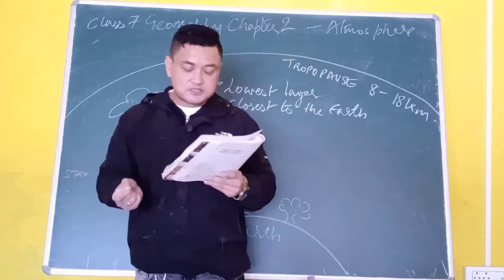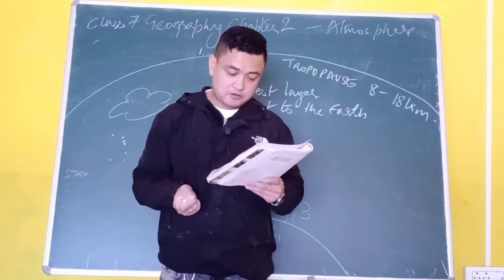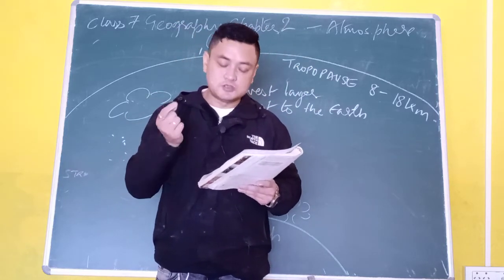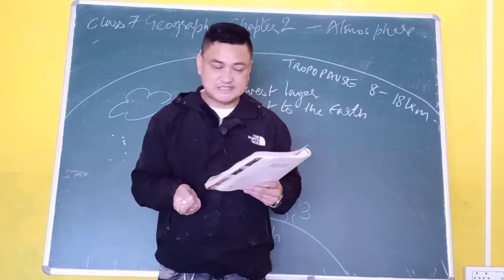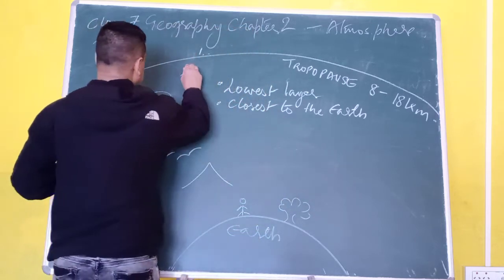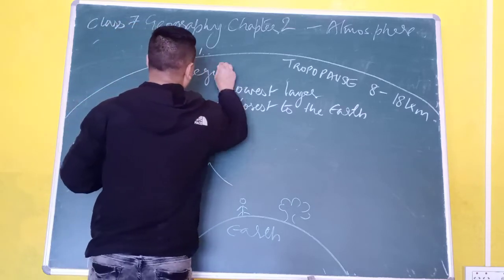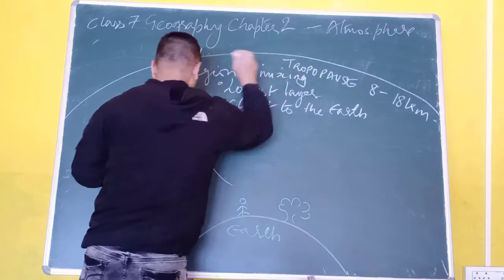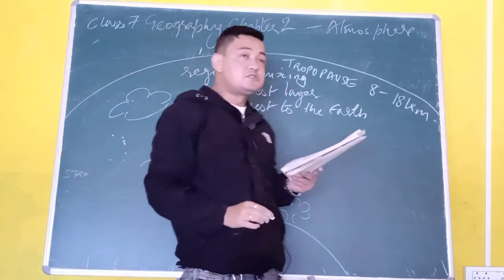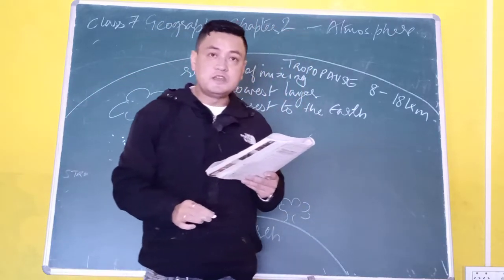Now the troposphere is the closest layer to the earth and is also known as a region of mixing, which I'll come later on and explain to you. It is one of the lowest layers of the atmosphere.